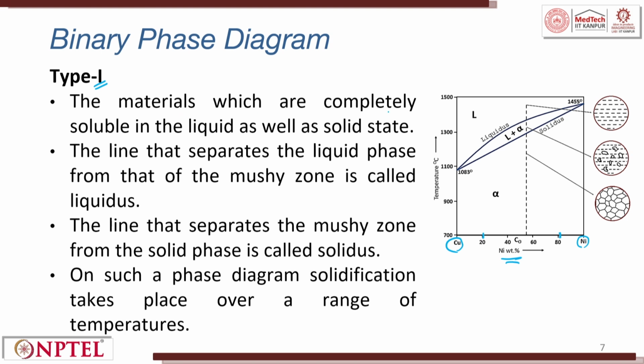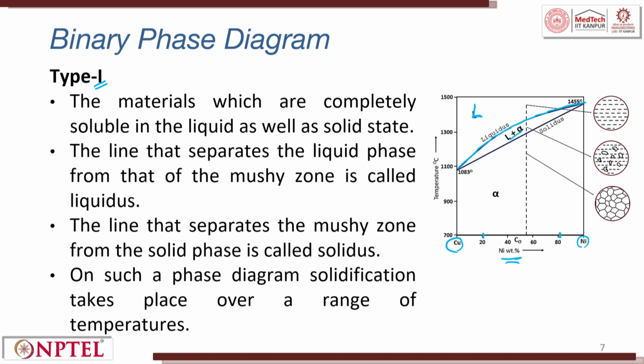The materials which are completely soluble in liquid as well as in solid state. The line that separates the liquid phase from the mushy zone is called the liquidus line. This line is called the liquidus line because it is liquid, and then at this line it distinguishes itself into liquid plus alpha.